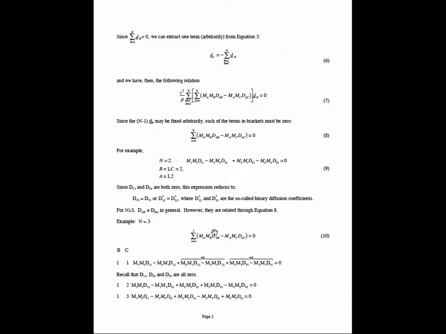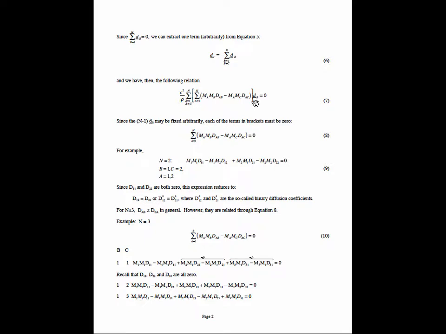We can pick out one of the generalized driving forces, that is d sub A for component A, and we can write it in terms of all of the others. If we put that back into the relationship at the bottom of the page, you get a relationship shown here in equation 7.